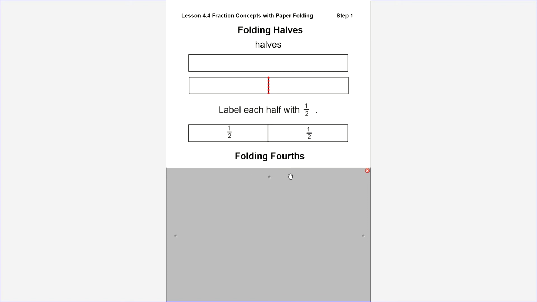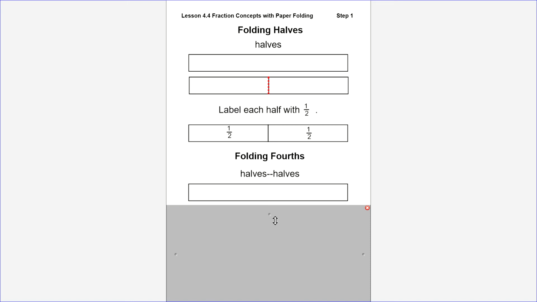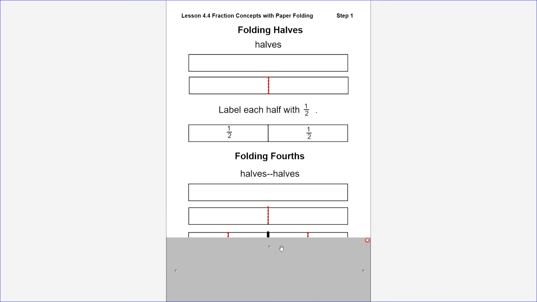Now let's talk about fourths. When you want to take a strip and fold it or just draw lines to break it into fourths, we start by making halves. We fold the strip or draw a line to cut the strip into 2 equal parts. Now we have 2 halves. If I wanted to take these halves and make them into fourths, third grade, what I do is I cut each half in half.